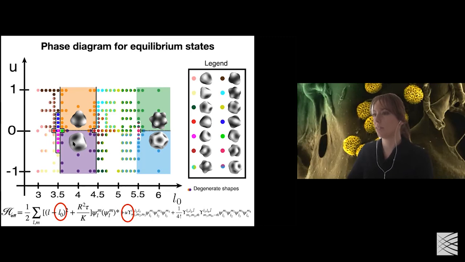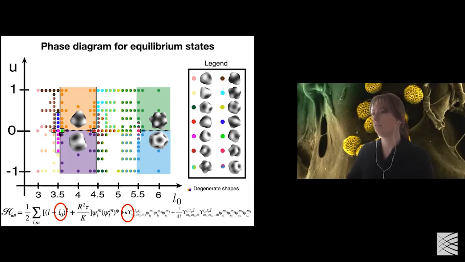As L naught is increased, you end up getting patterns that have smaller and smaller wavelengths. So you go from something like cubes to something like icosahedra. If you look at L naught values that include two modes, so not just a plane mode like 3, but mode 3 and 4, which represents anything in between these two integers, you start to get interesting patterns come out.